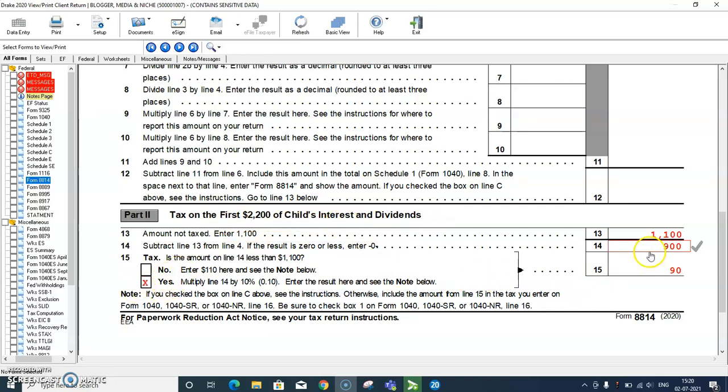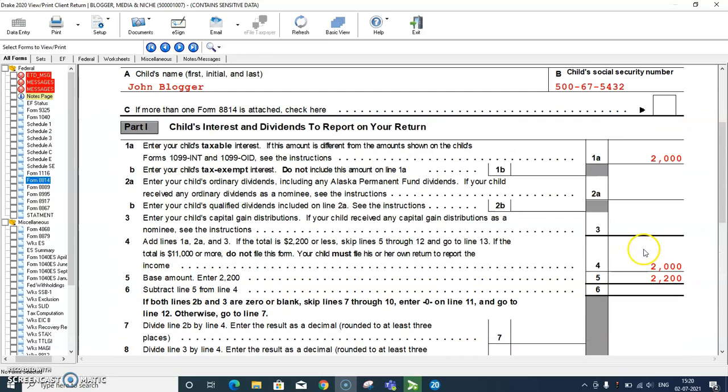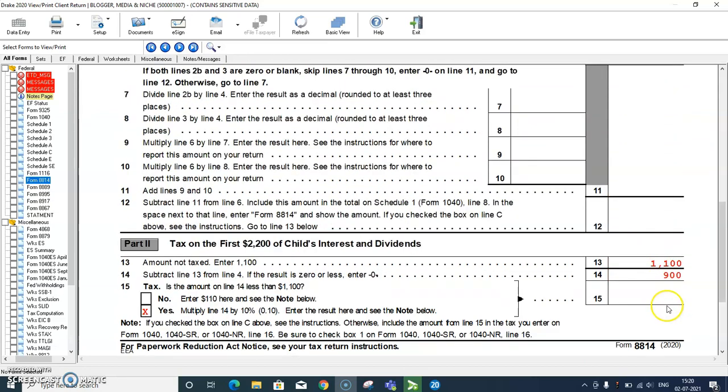The tax on $2,000 comes to $90. Here is the calculation. You have to multiply line 14 by 10%. It comes to $90.